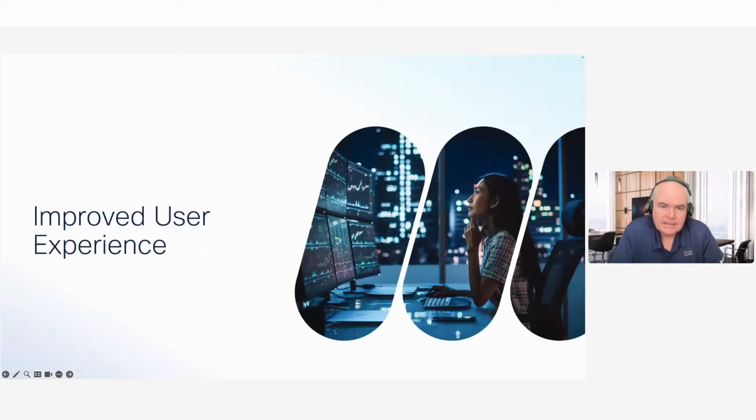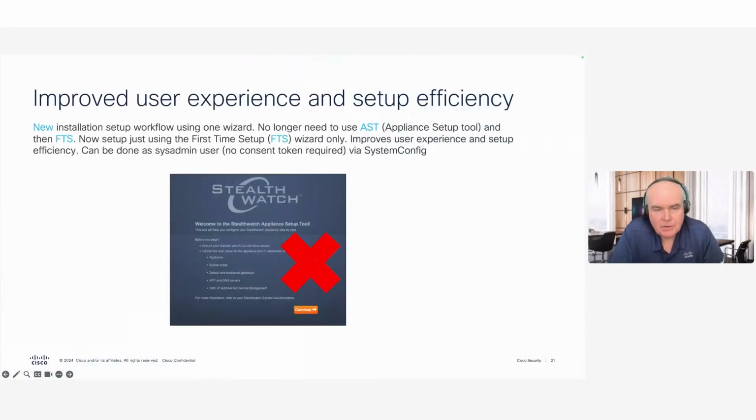Now, I hate to say boring, but the less exciting, though important, things that we've done in this release are coming up. One of the things you'll notice, as I mentioned on the initial slide, is that we no longer have this appliance setup tool screen, hence the big red X. The workflow has changed.